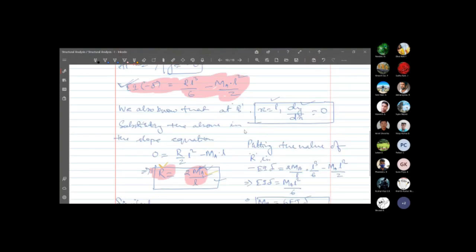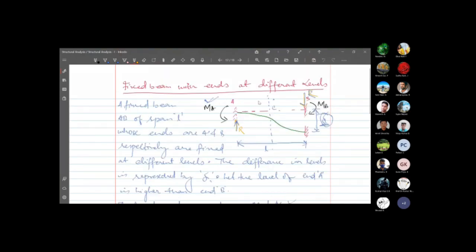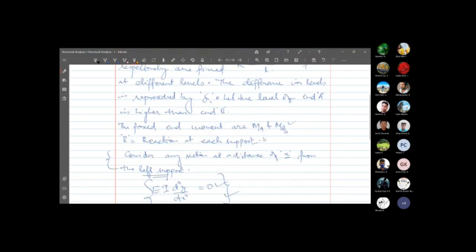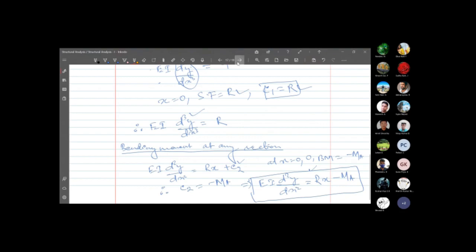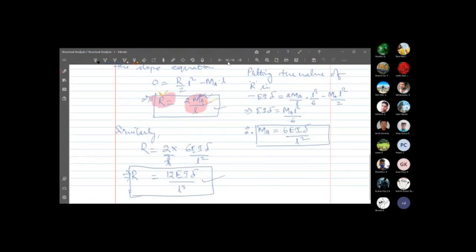Now which one is remaining? The remaining is mb. I didn't say that ma equals mb, never. So what will be the value of mb? If we use these values of ma and R in the moment equation, all of you please write like this.